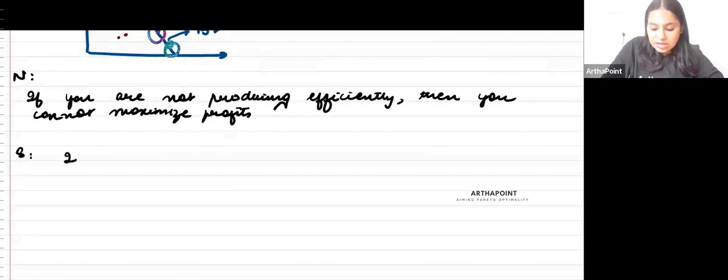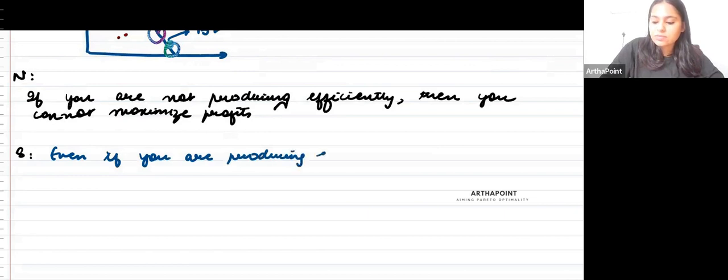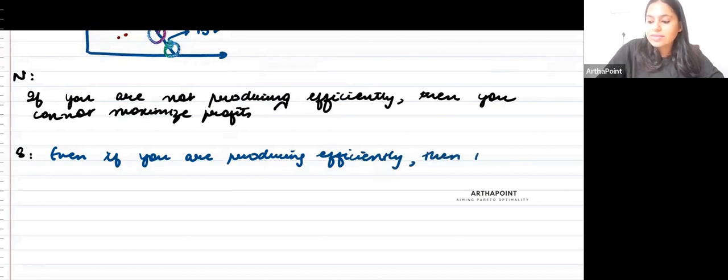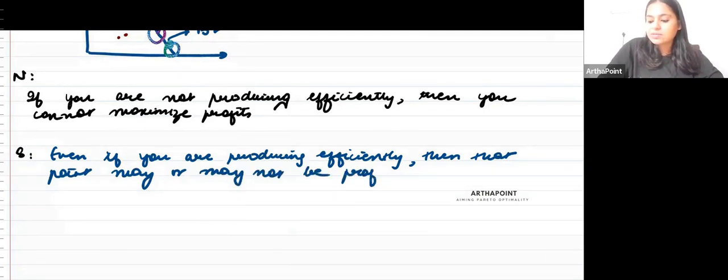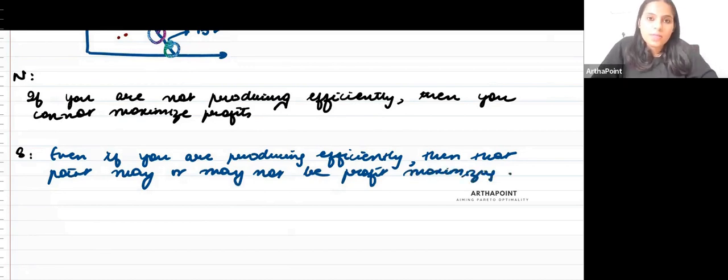Sufficiency: even if you are producing efficiently, then that point may or may not be profit maximizing. So these two conditions become important.